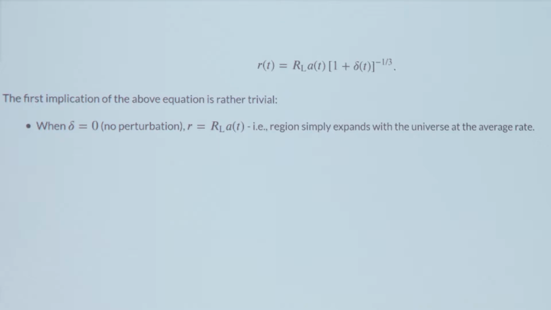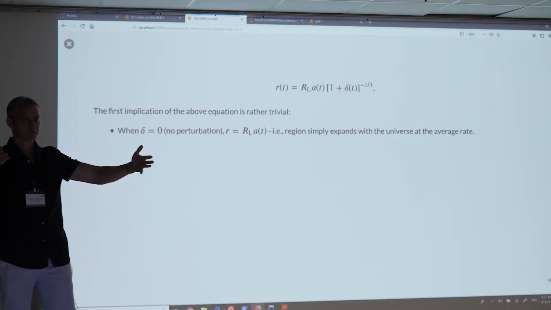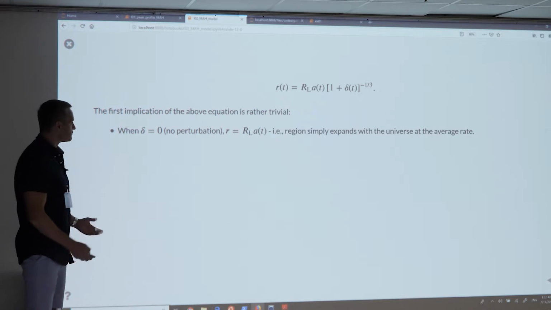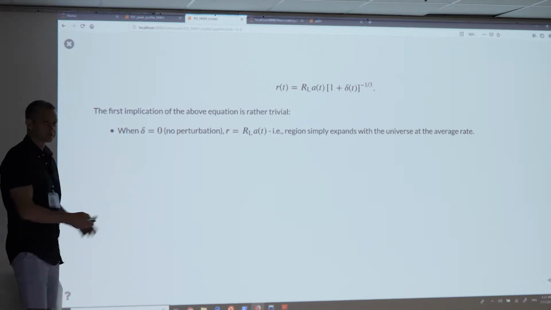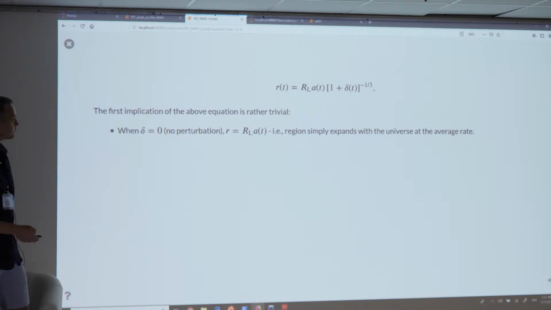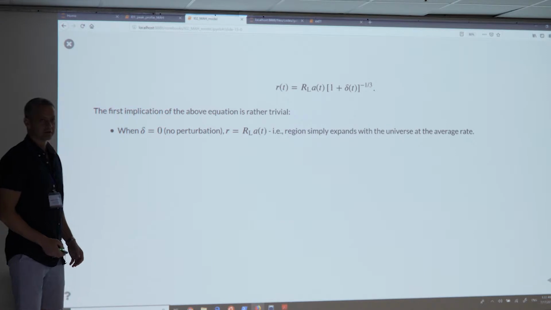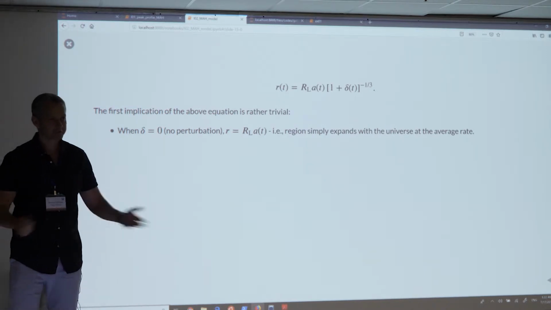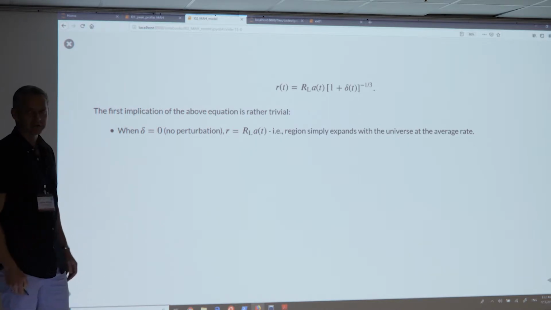First of all, we can set delta to 0 at any given time, which means we deal with no perturbation, just the mean density of the universe. We get a trivial result that the radius of that region, which has delta of 0, meaning it has the mean density of the universe, will just evolve as the expansion factor. You can say, duh, that's what we would expect, but it just means that we didn't make any mistakes deriving this equation.